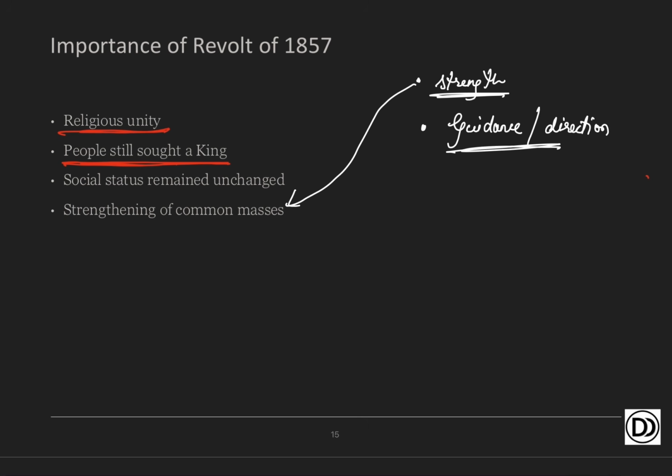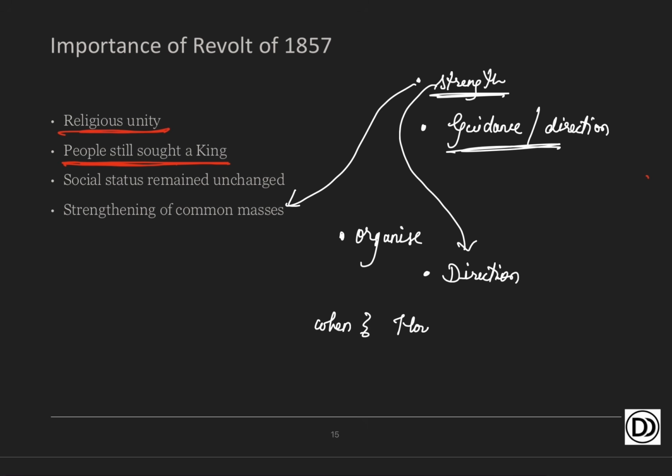The only requirement was someone who could organize them, give this strength a direction, and show them when to fight, how to fight, and the most important, to fight for what.